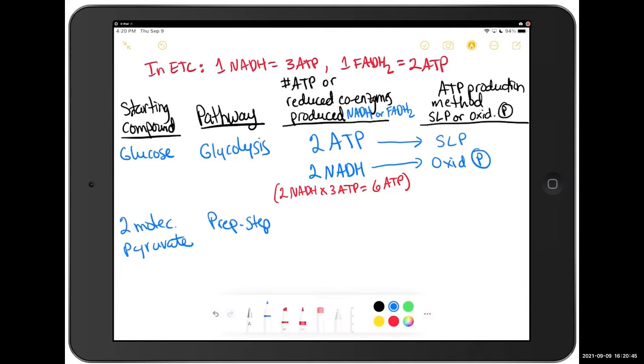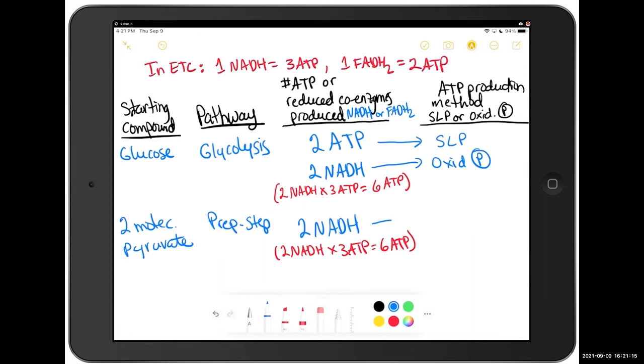Is it 1 per pyruvate? That is correct. It's 1 per pyruvate. Therefore, we will generate how many? 2. So we generate 2 NADH. And I know that 2 NADH times 3 ATP will equal eventually generation of 6 ATP, correct?